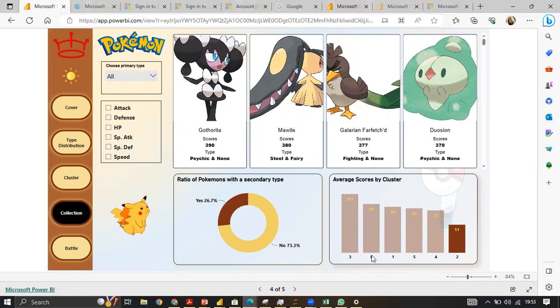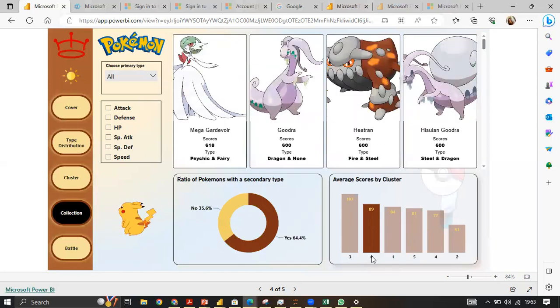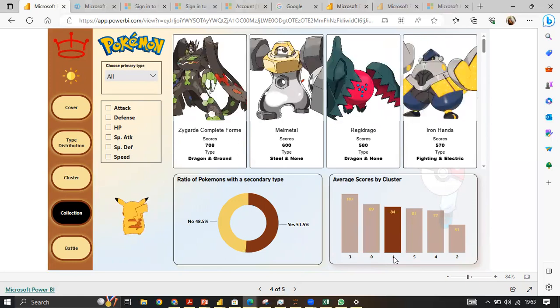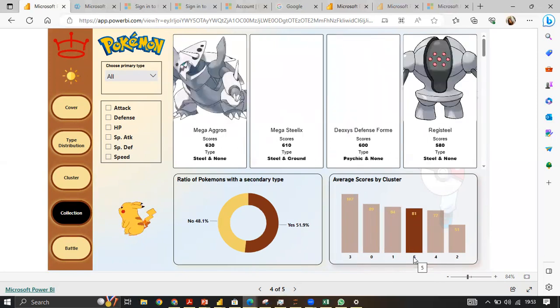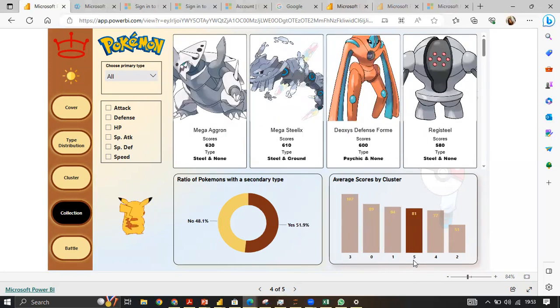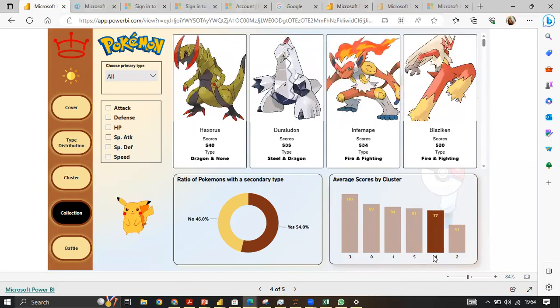And I also noticed, I just jumped over that one, that the more you go, like cluster 0, it has 64.4%. Then these three clusters are relatively close. So this is 51.5% for clusters with a secondary type. And for cluster 5, 51.9, and for cluster 4, 54.0.